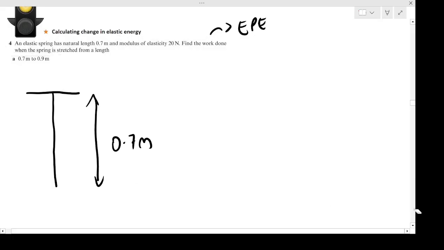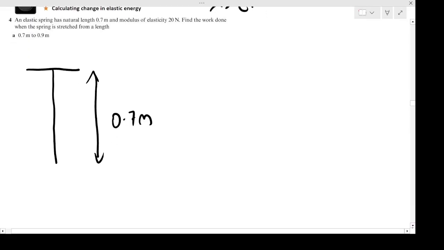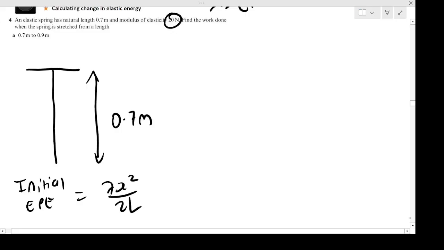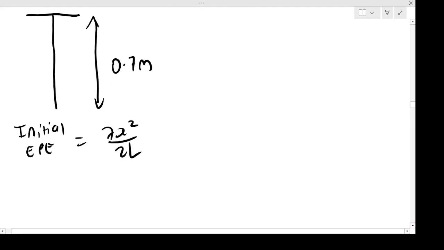so there's nothing going on. So if I was to calculate the EPE here, this would be my initial EPE, because we start at 0.7. So the initial EPE again is going to be lambda x squared over 2L. Well, my modulus of elasticity is 20, times the extension, x. There is no extension because this is the natural length.